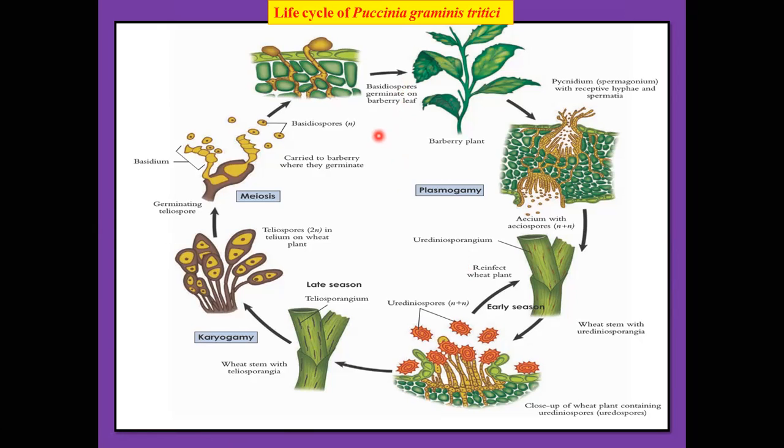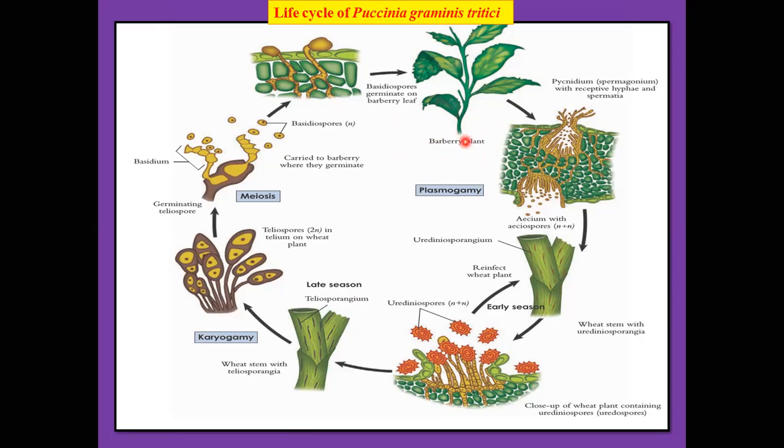Okay, so in Puccinia graminis tritici, these pathogens produce 5 types of spores on different crops, means some spores are produced on the wheat crop and the remaining spores are present on these barberry plants.